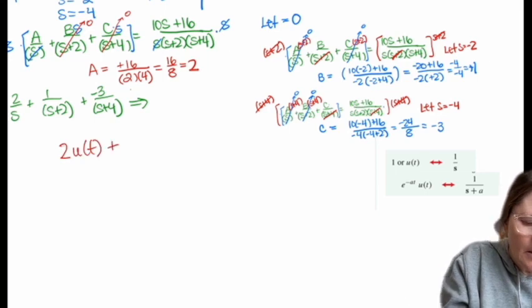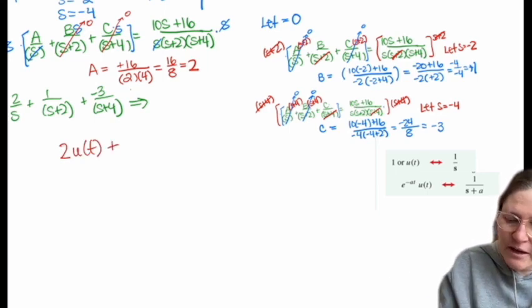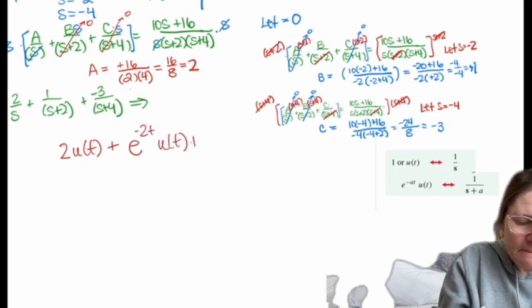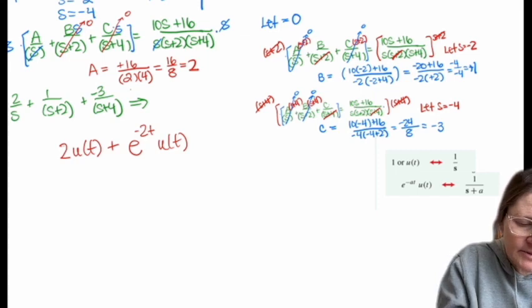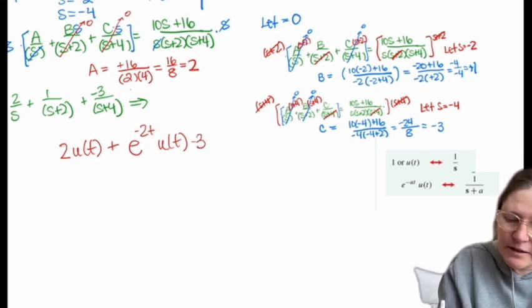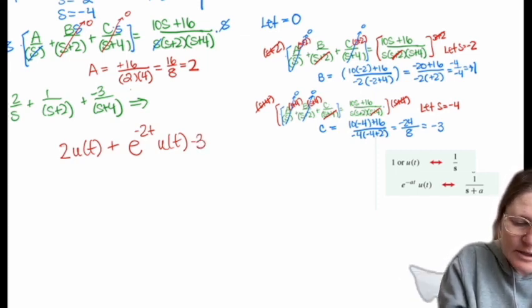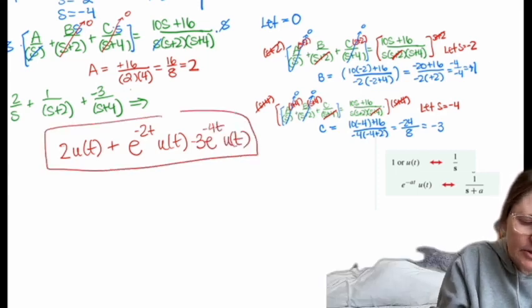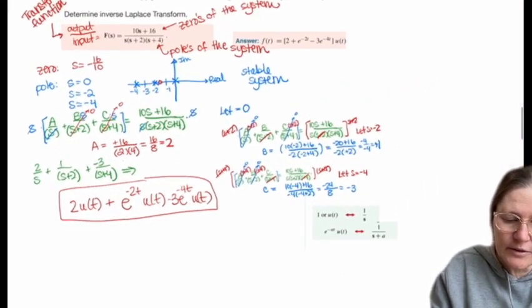And then s plus 2 means a is 2, so e to minus 2t u of t, and then a minus 3 comes out, and then a in this case is a 4, so e to the minus 4t u of t. And that is my function answer.